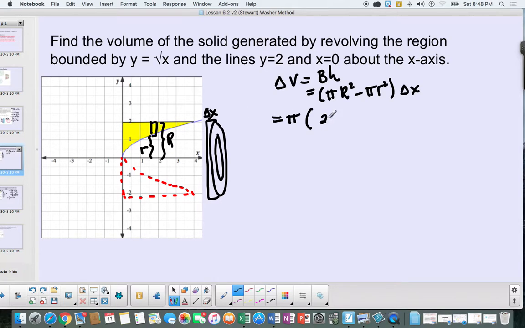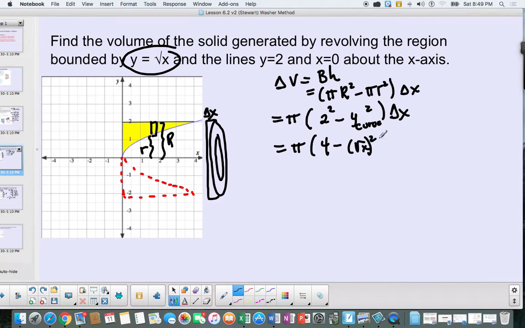It's going to be 2 squared. And the little radius right here is actually the y of the curve, quantity squared delta x. We need to replace that y of the curve, and the y of the curve can be replaced with root x, quantity squared delta x.